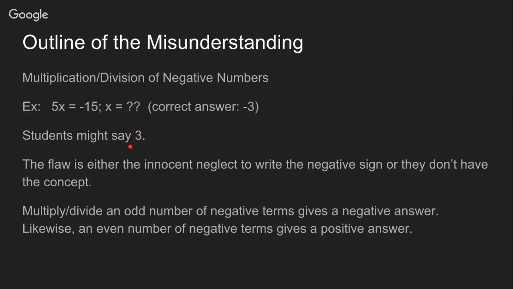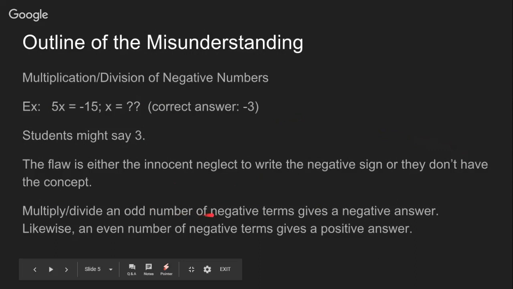The general flaw is either a neglect to write a negative sign or they don't understand. If I multiply 5 times any positive number, I get a positive number. If I multiply 5 times any negative number, I get a negative number. To make a long story short, it depends on the number of terms you multiply together. If I multiply 3 times 3 times 3, they're all positive, so it gives a positive answer.